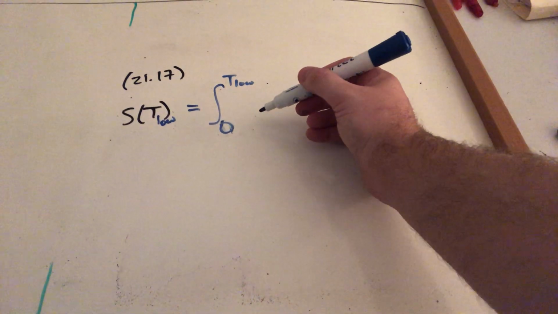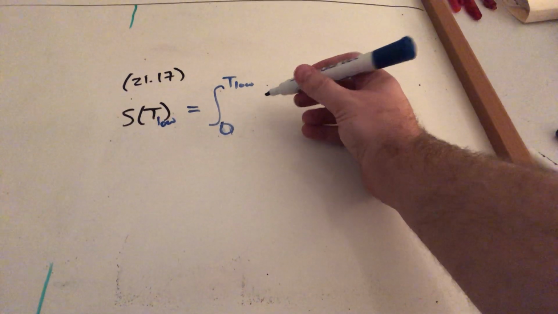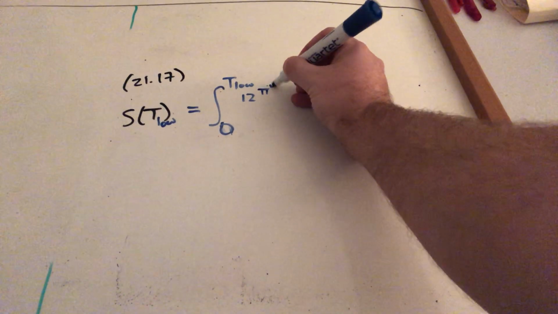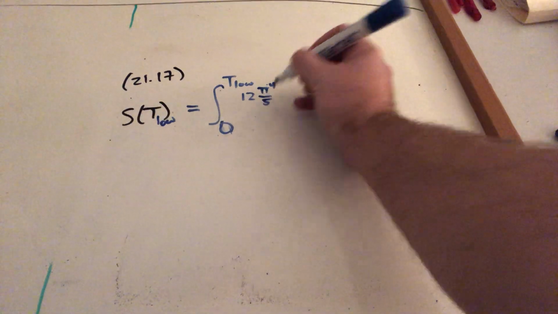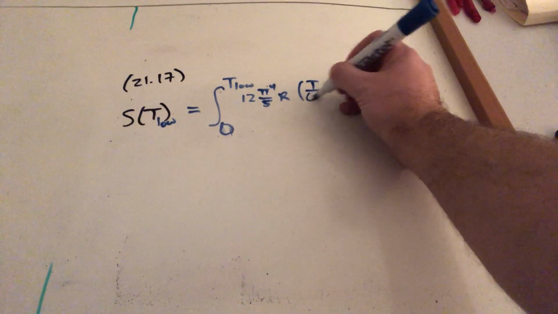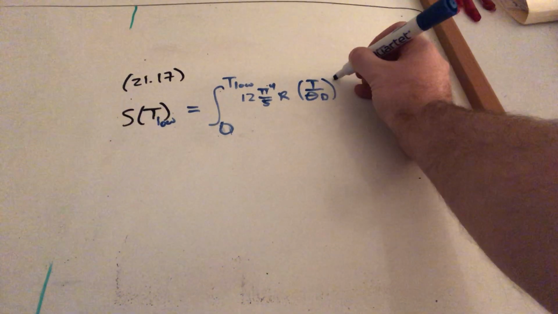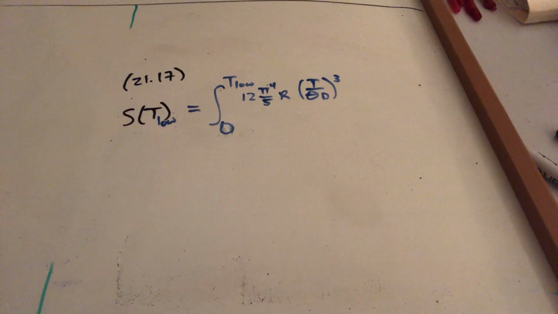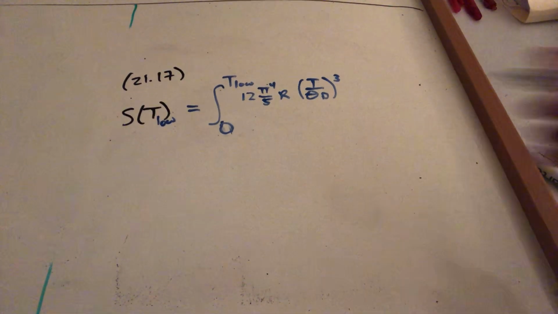Debye's function for Cp, and you'll see this in your book, looks like 12 pi to the fourth over 5 R times T over theta D cubed. That's Debye's fitting function. That is Cp for Debye, and that picks up your quantum mechanical effects.